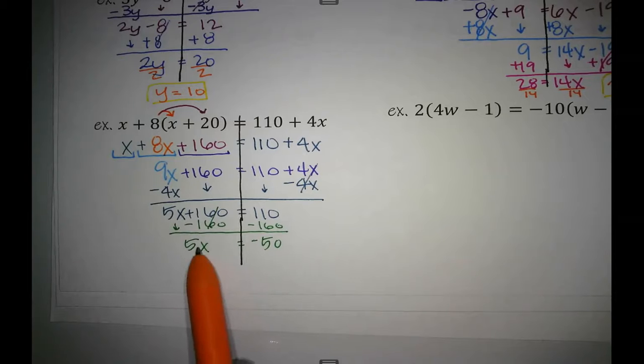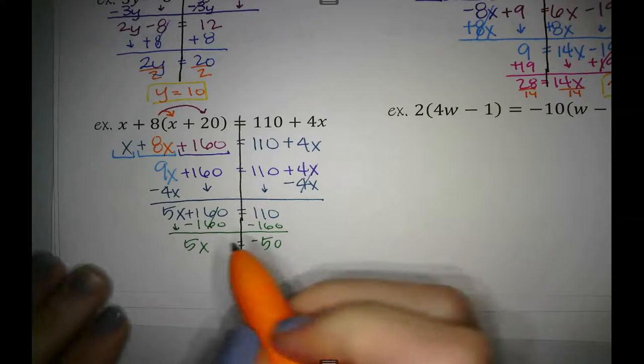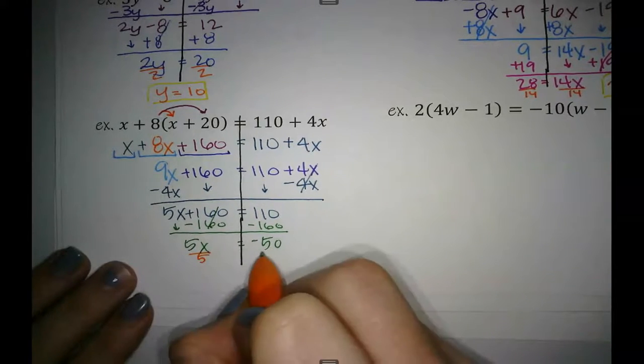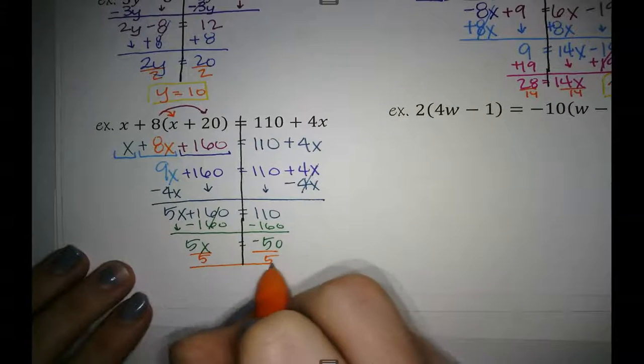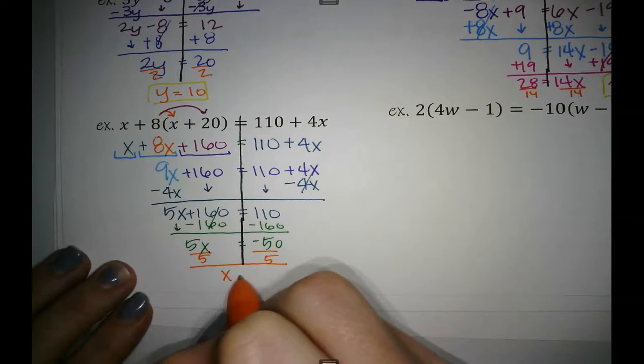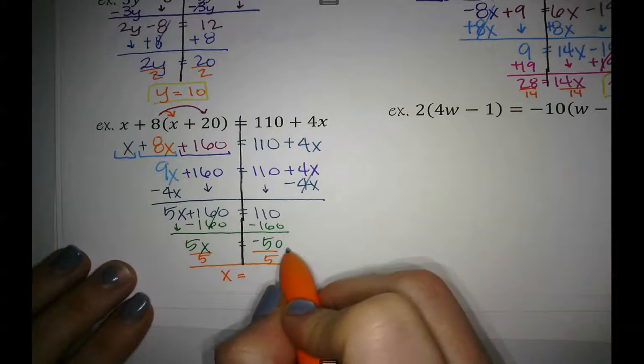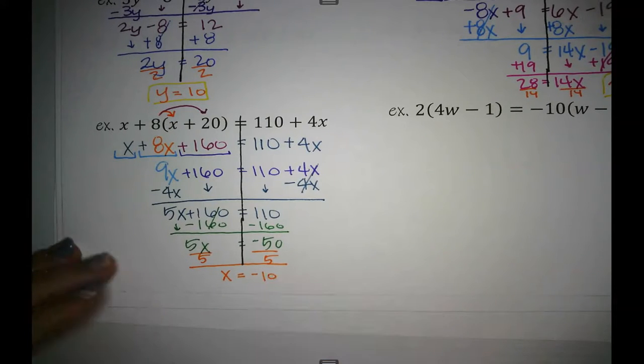All right, we've got 5 still being multiplied here to the x, so opposite is division. So 5 divided by 5 is 1, so I'm left with x. Negative 50 divided by 5 is negative 10.